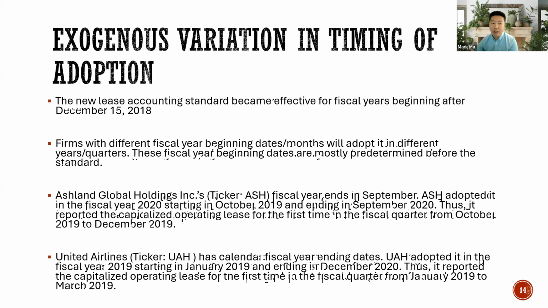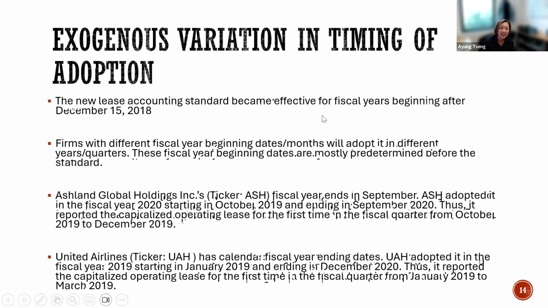So United Airlines adopted the standard in the fiscal year of 2019, starting January 2019, ending December 2019. Sorry, not 2020, 2019. So it reported capitalized operating lease information in the first quarter of 2019. So there is variation in the timing of the adoption. That's where our variation comes from. Does that answer your question?